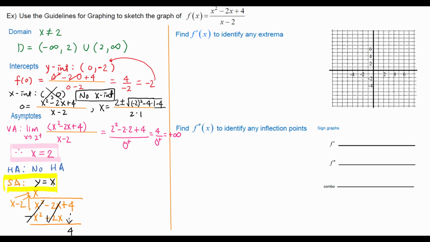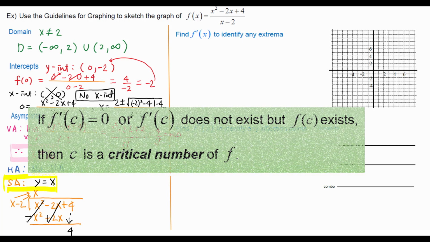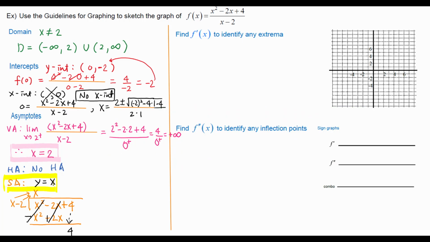Critical numbers are x such that f prime is 0, or f prime is undefined but f is defined. So let's first find f prime. Since the numerator and denominator are both pretty simple, I'm going to use the quotient rule. So f prime of x is equal to low, the quantity x minus 2, times d high.